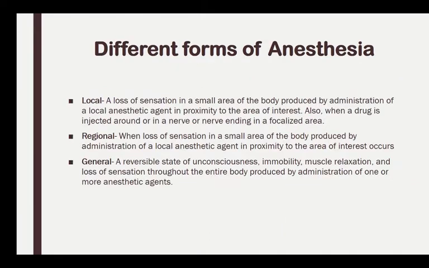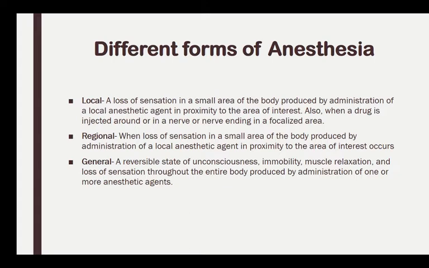Local is loss of sensation in a small area of the body produced by administration of a local anesthetic agent in proximity to the area of interest or the surgical area. Also, when a drug is injected around or in a nerve or nerve ending, we can get a really focalized area.